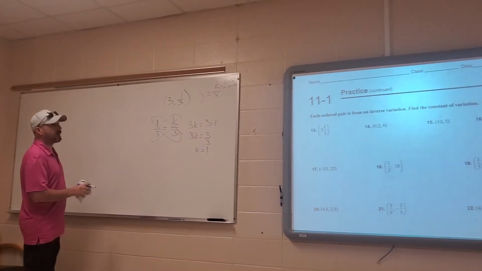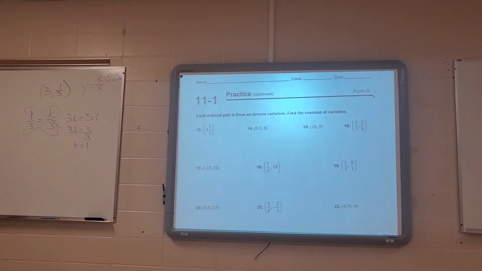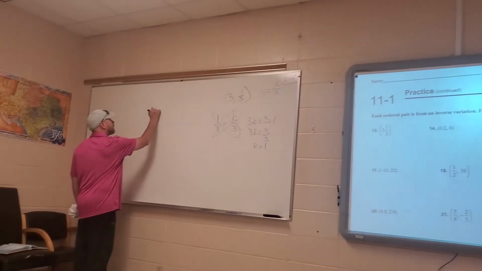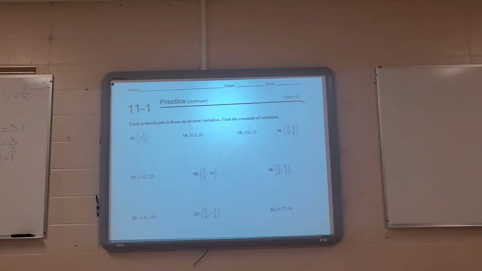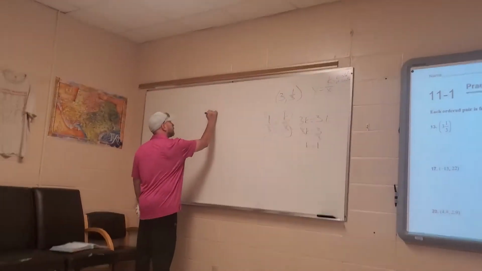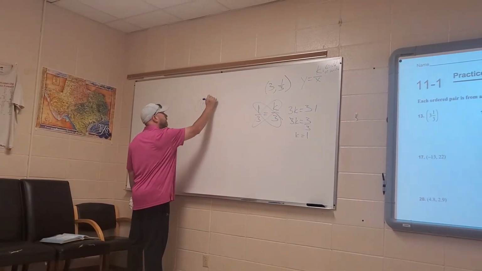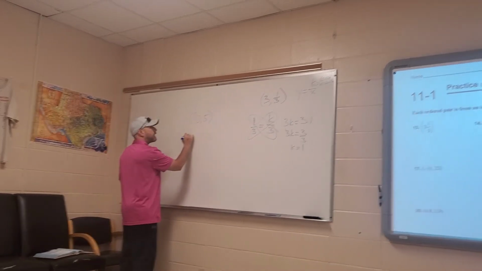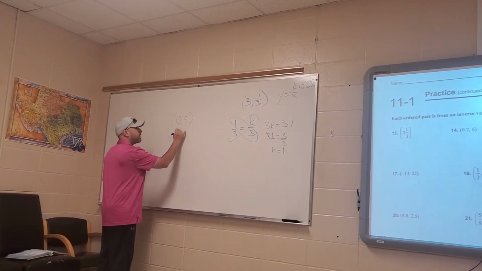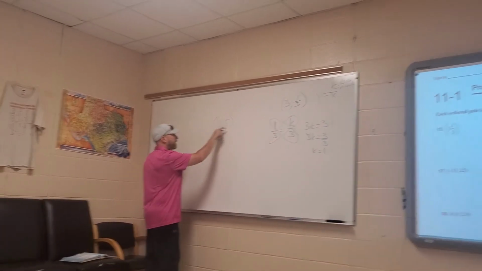Alright, let's do another one. I'll just do number 14. So 0. Now let's do number 15. So 10 and 5. Okay, so same thing. You got y equals k over x. So now just plug these numbers in.